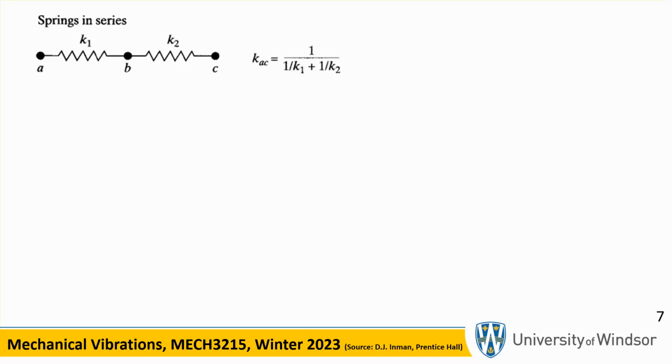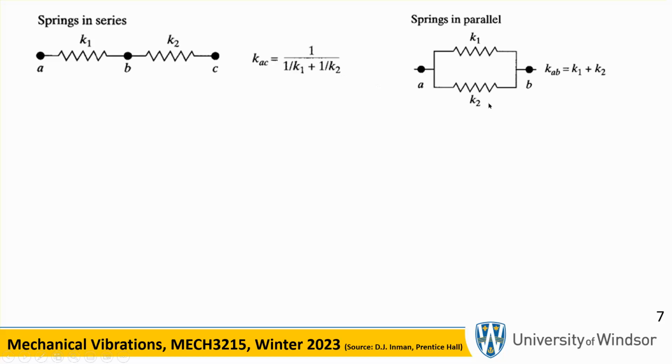And the stiffness of these two springs, when you put it together as a whole, as an assembly, is actually smaller than k1 and k2. In fact, the expression that we were told, if they're in series, 1 over k effective is equal to 1 over k1 plus 1 over k2. And then you solve for k effective and you get this expression.